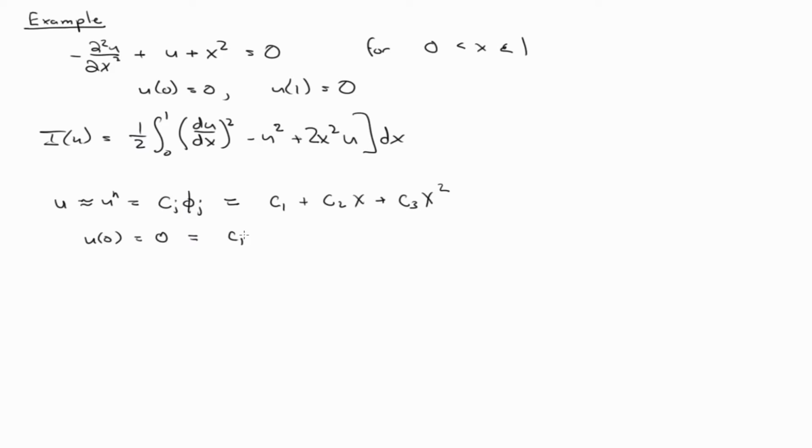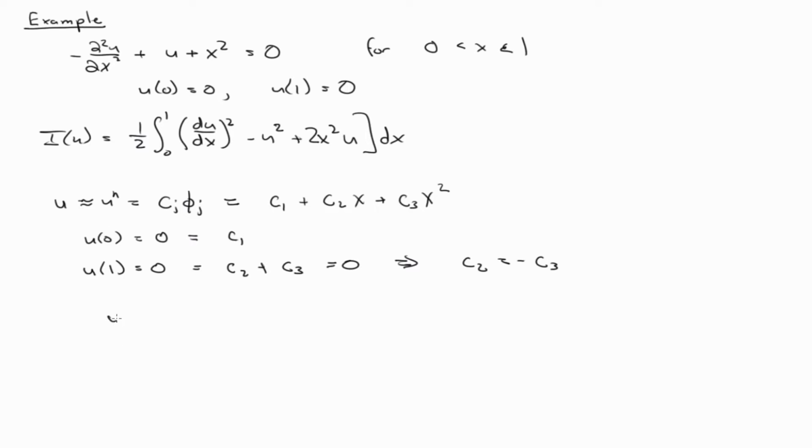Okay? U at 1 equals 0 implies, so C1 is already equal to 0, then I'm plugging 1 right there. So 1 and 1, so that's C2 plus C3 equals 0, or C2 is equal to minus C3, right?